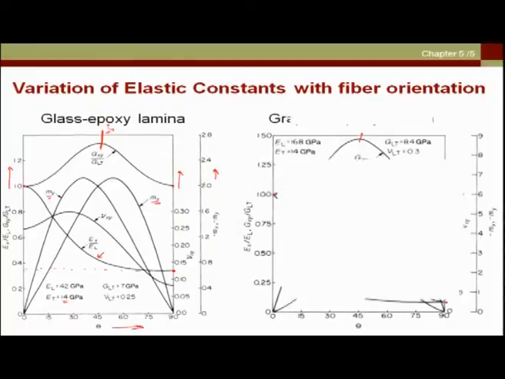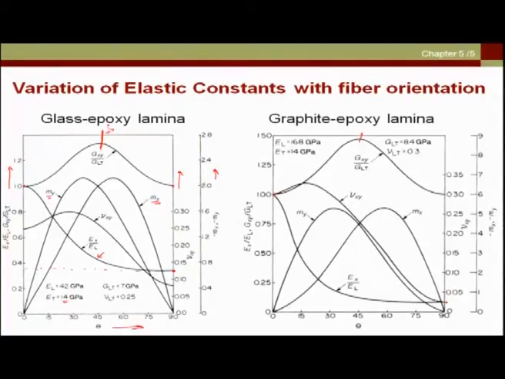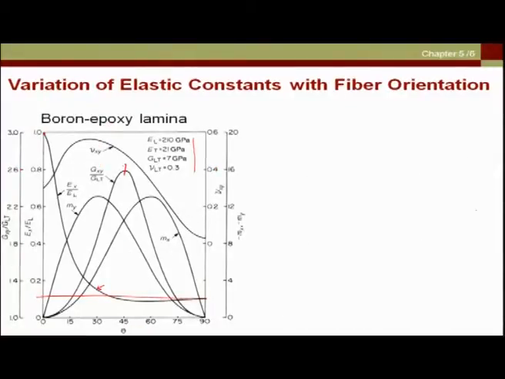For graphite epoxy lamina, the value of mx goes up to as high as 5, and for boron epoxy it is even more extreme, it exceeds 12. So, what is the role of mx and my?